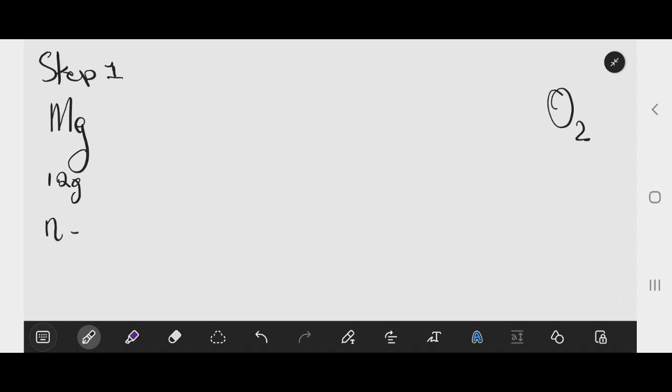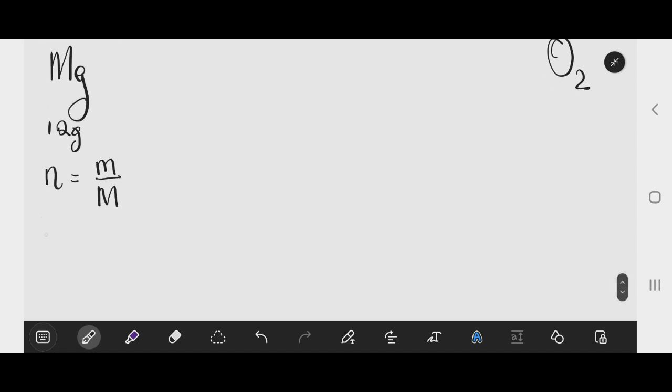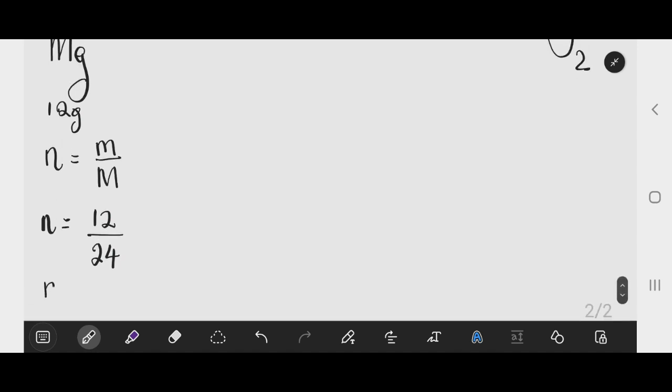We use the formula number of moles is equal to mass over molar mass, right? The mass is 12, and the molar mass for magnesium from the periodic table is 24, right? So the number of moles for magnesium is equal to 12 divided by 24, and that will give us 0.5. So we have 0.5 moles of magnesium, right?